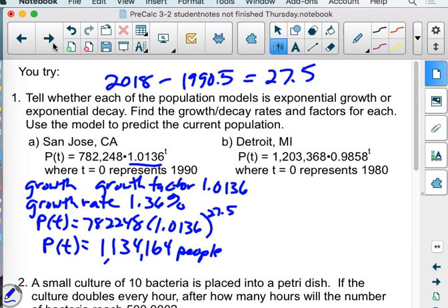All right, so we go to Detroit. Was Detroit growth or decay? It was decay. And the decay factor is 0.9858. But that's not the rate.